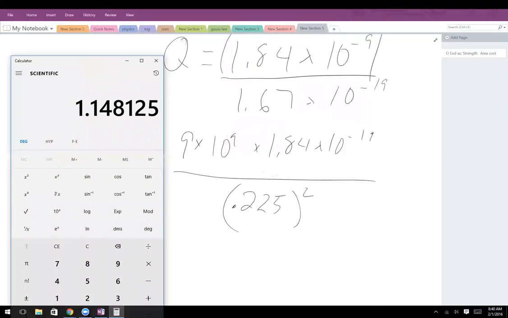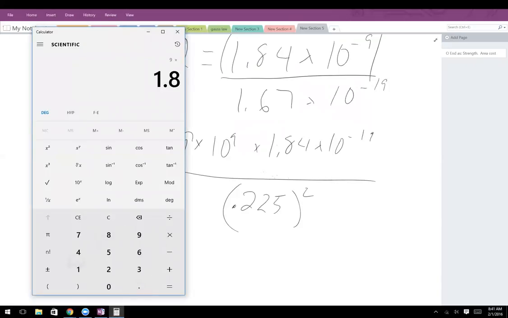So we got 9 times 1.84, divided by 0.225. 73.6, and then I'll have a 10 to the minus 10th. So that's 7.36. No. Okay.